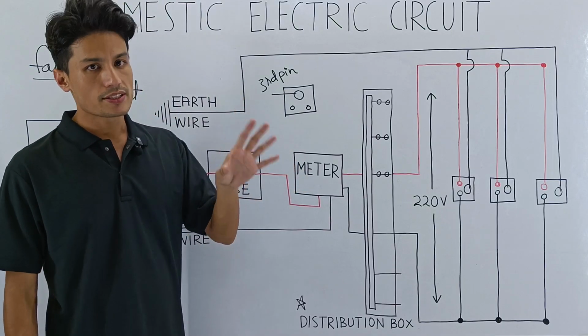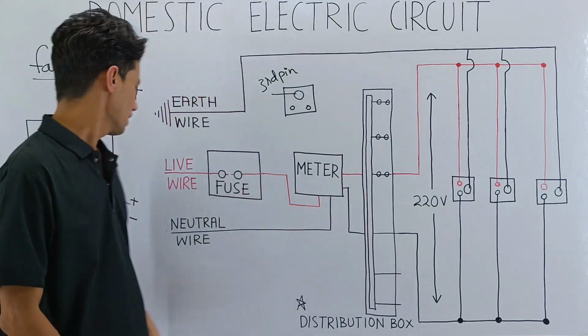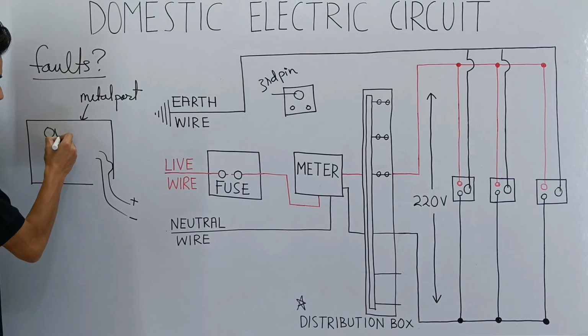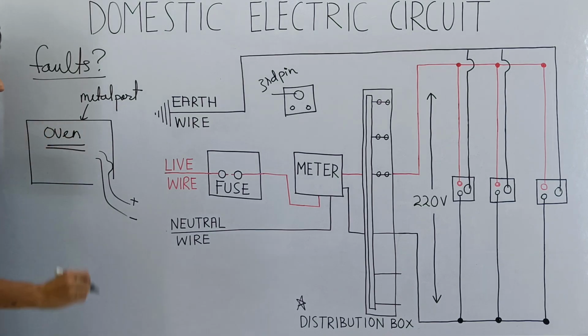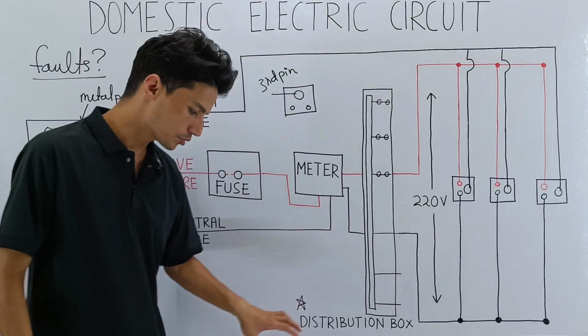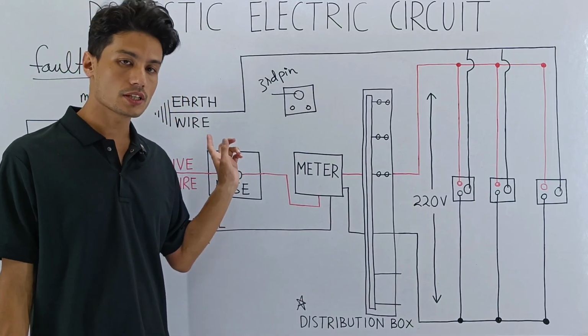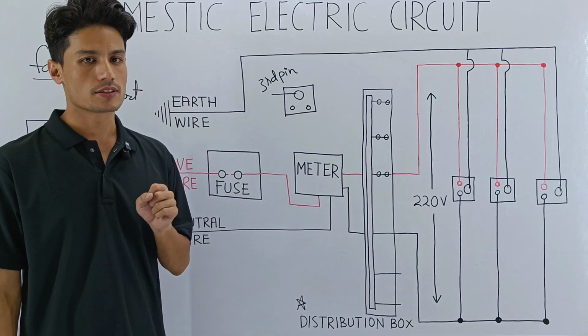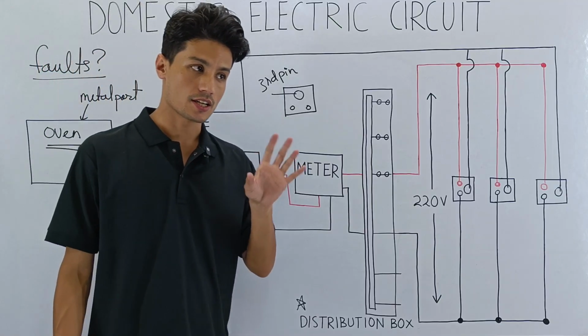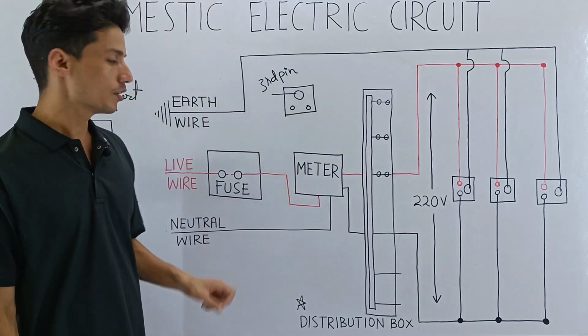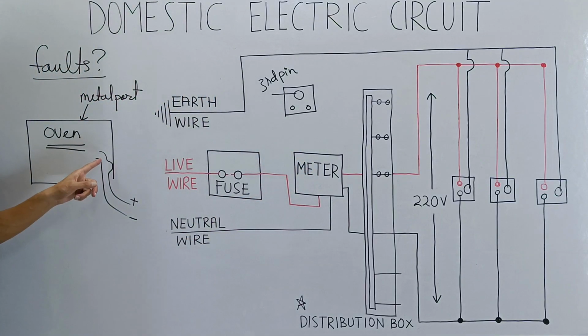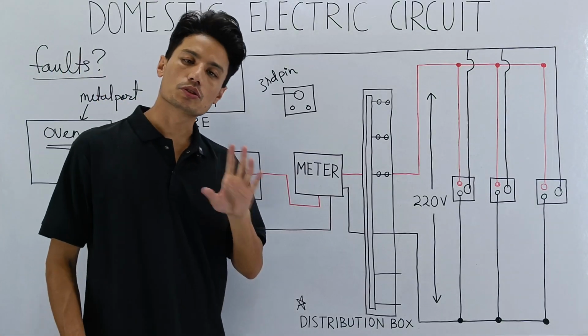It is especially lethal with high power appliances like the oven, because the oven is connected to the power line, and a current of 15 amperes flows through it. A tremendously high current flows through the oven, so this is life threatening.